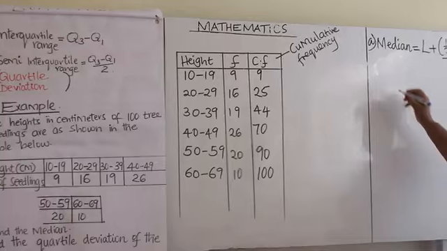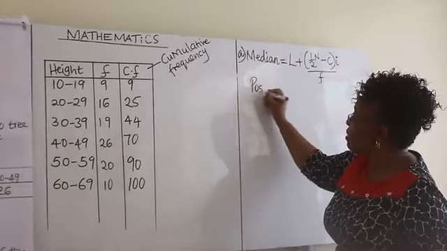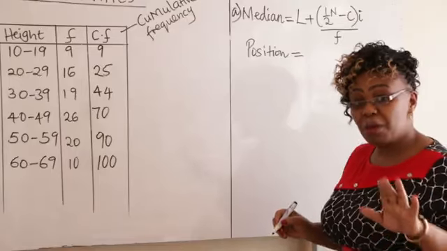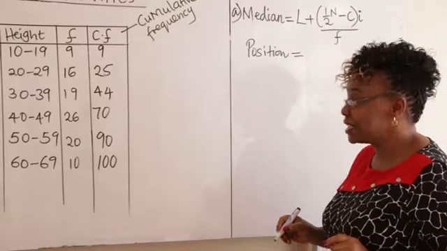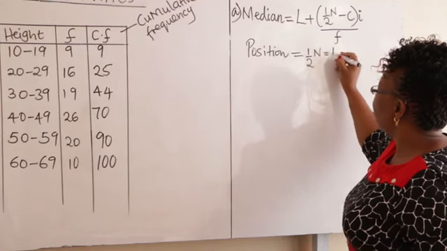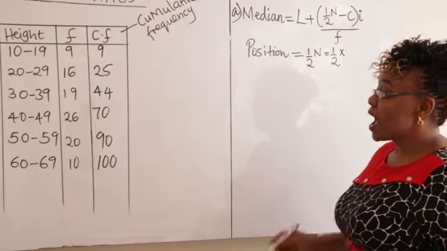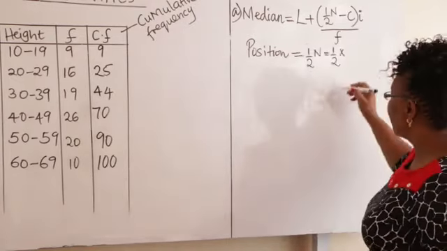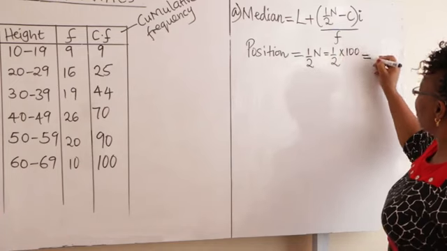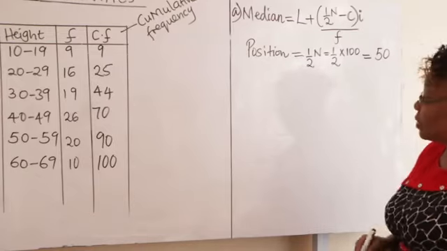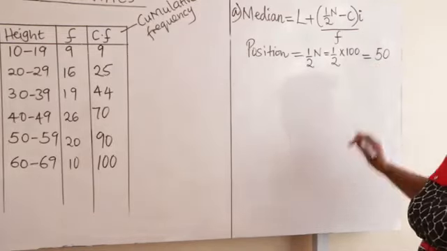So from there you get the position of the median. We said that the median lies at the middle of the data, so its position is a half n. In this case, our n, the total frequency, is 100. And therefore our median falls on the 50th position.